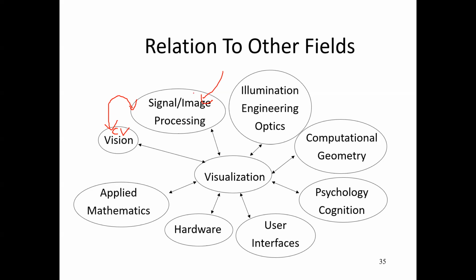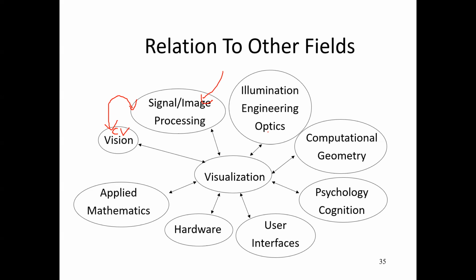And illumination engineering and optics, all these things are related to visualization. Why? Because acquiring requires working with optics. For example, Oculus Quest, right? Part of it is actually optics.